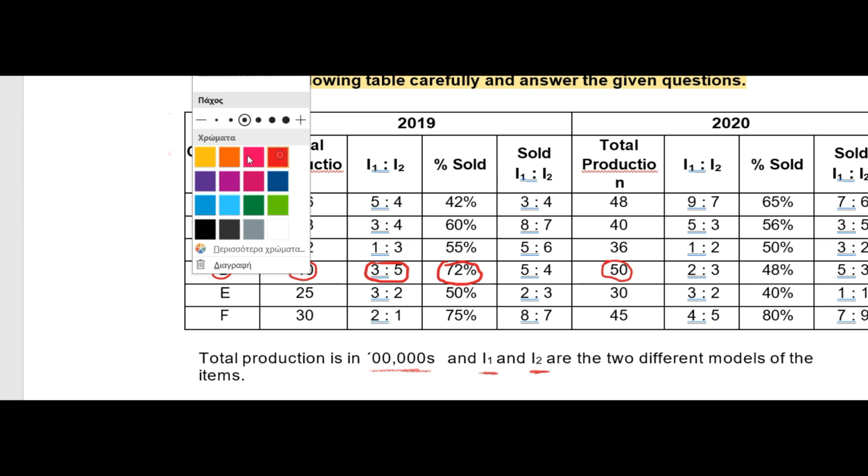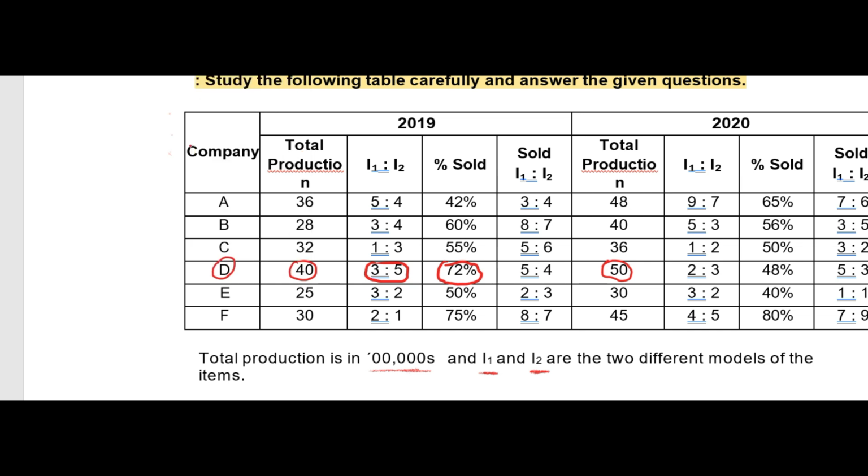the company D. Okay, so you have the company D here, and the total production is 40 units, 40 times 100,000 items, and you have the ratio 3 to 5 for models I1 and I2, and this is the percentage of the total production sold, that's 72%, and here we have the ratio of items I1 and I2 sold, that's 5 to 4.